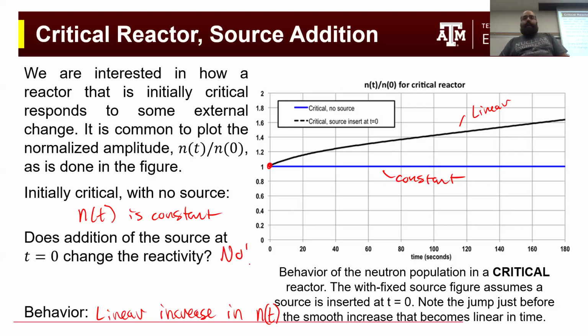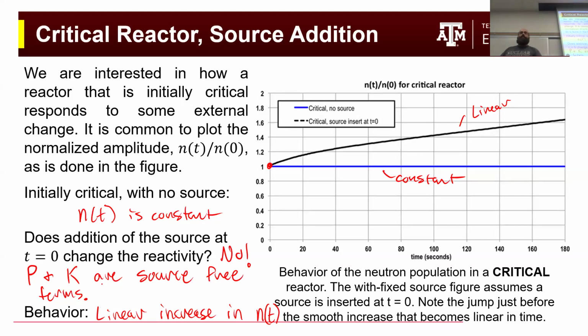The answer is no. The reason is that when we talk about K and when we talk about rho, those are quantities that are defined in the absence of sources. So we'll say rho and K are source-free terms.